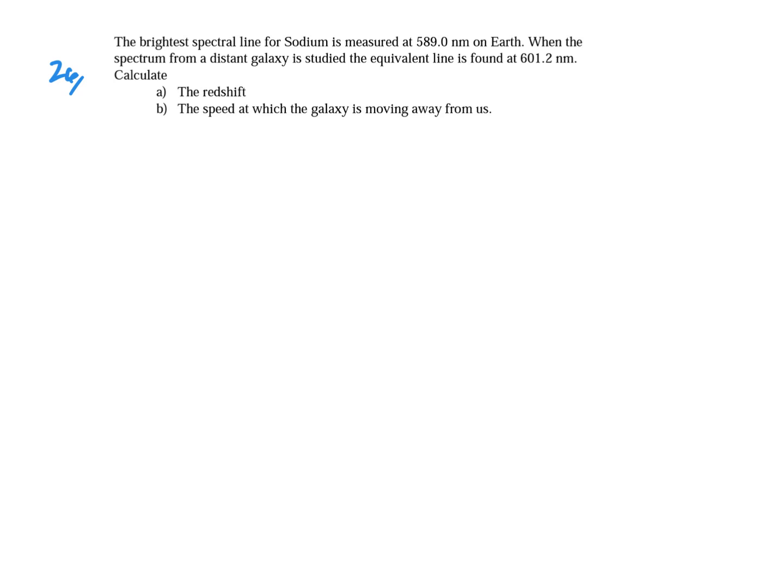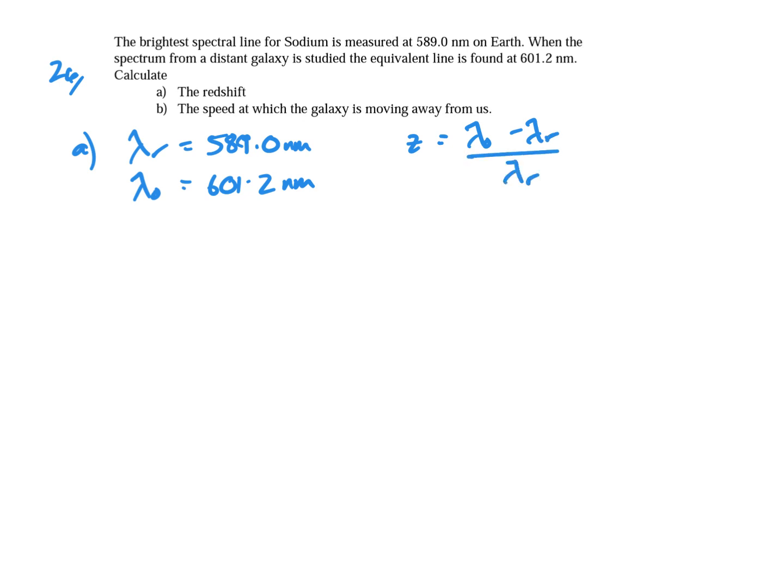So for part A, lambda R is 589.0 nanometers, and we can stick everything in nanometers here because we're dealing with a ratio of 2 numbers. Lambda observed, 601.2 nanometers. And the formula then is z equals lambda observed minus lambda R over lambda R.